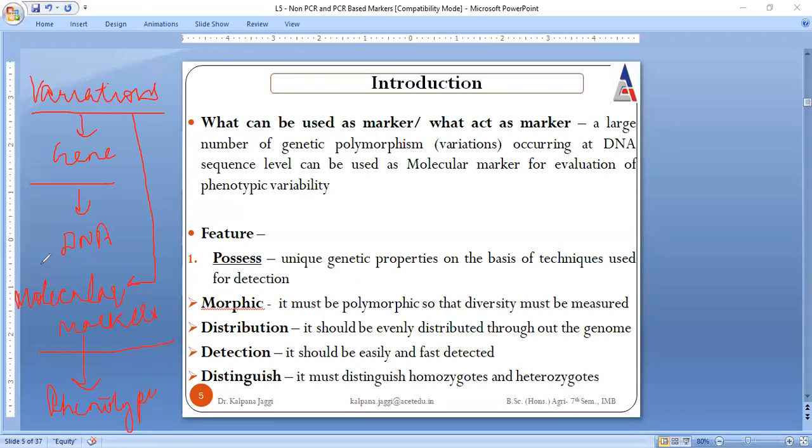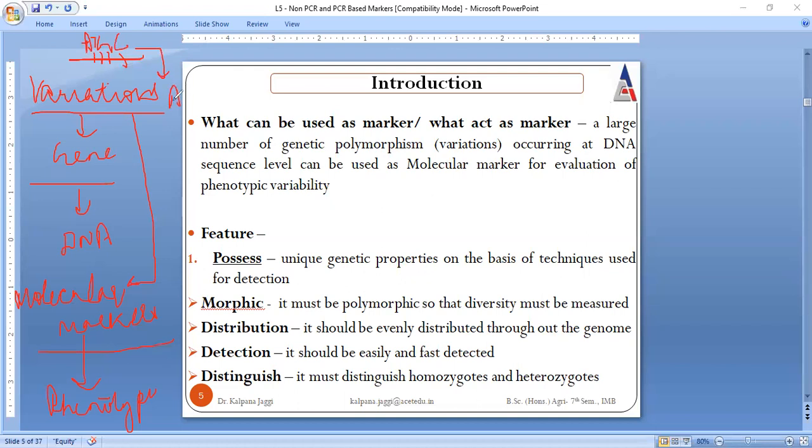Again, I repeat, what is to be used as a marker? Because you said a marker has a specific gene sequence. A specific gene sequence means the sequence is defined, say it is A, T, G, C. But when variations take place within this sequence, those variations will also be known.